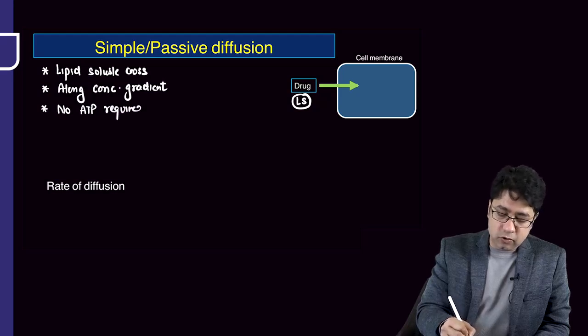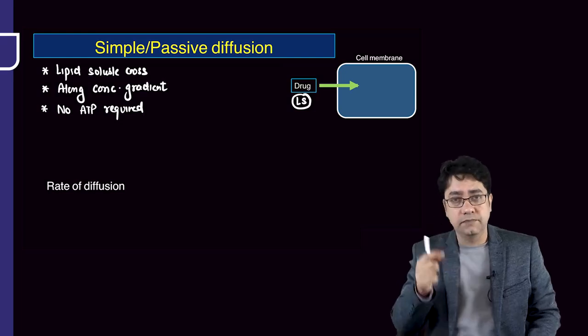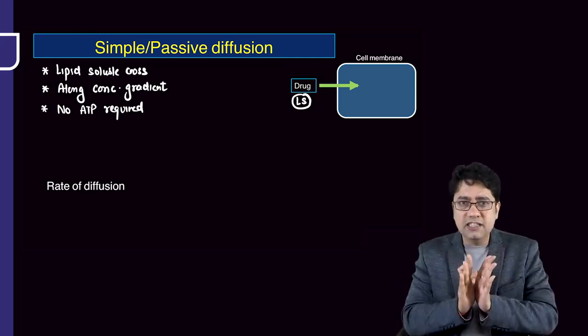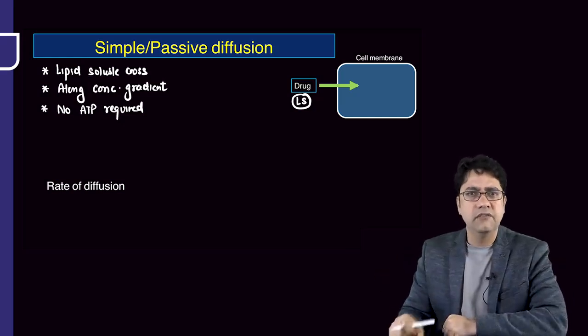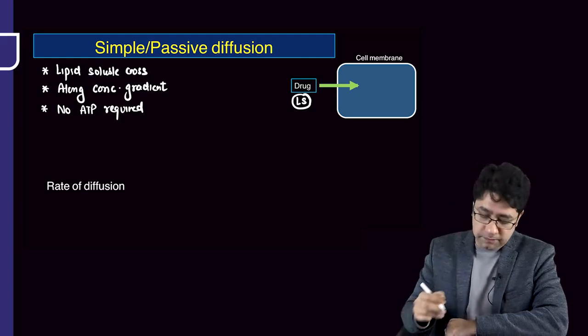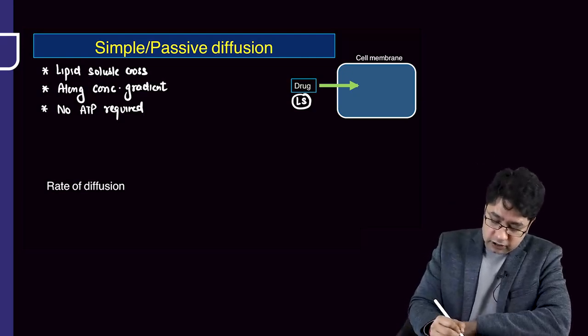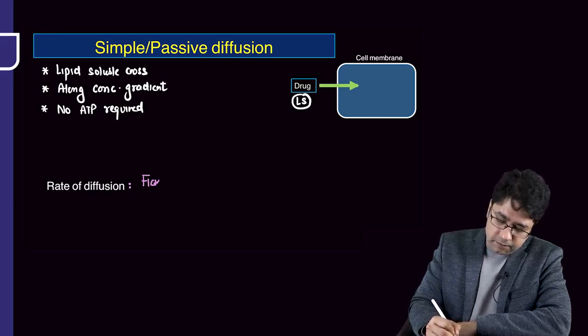Now there is a mathematical equation which tells what is the speed of simple or passive diffusion. We call it the rate of diffusion, and that rate of diffusion is governed by a very universal or famous law known as Fick's law.